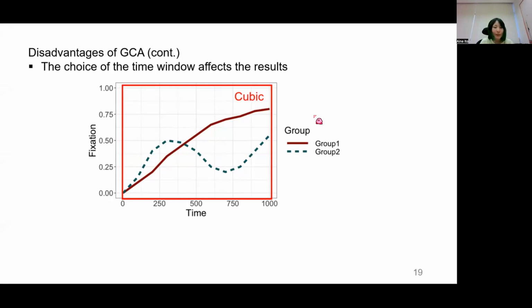But if you take a shorter time window, which doesn't include this last bit, then you might find an interaction of the quadratic term by group, because group 2 shows the increase and the decrease in fixation, but it doesn't increase again because we cut this out.